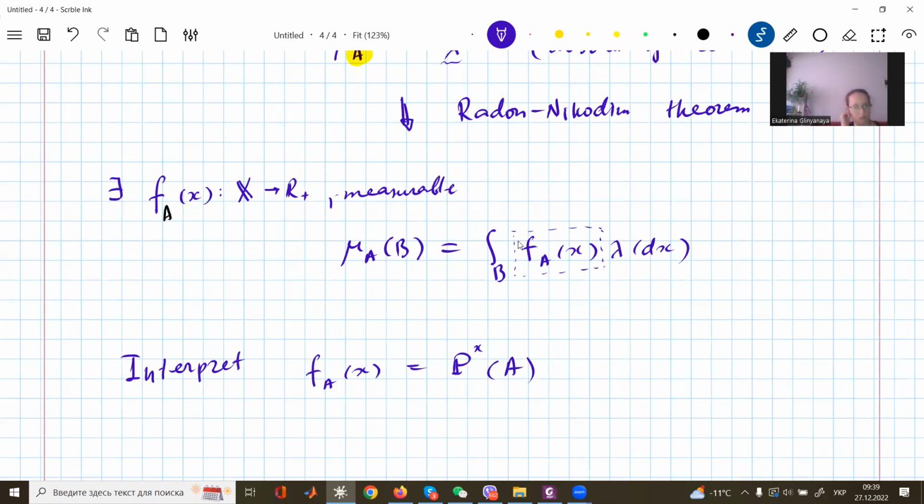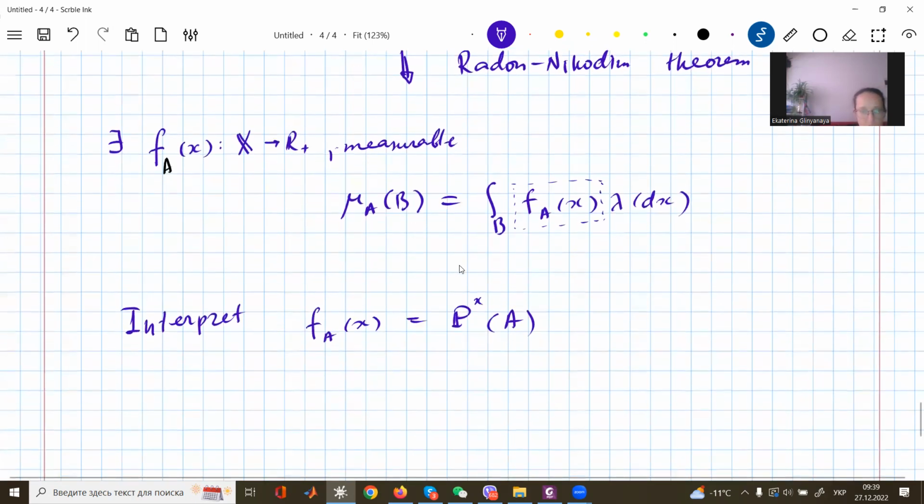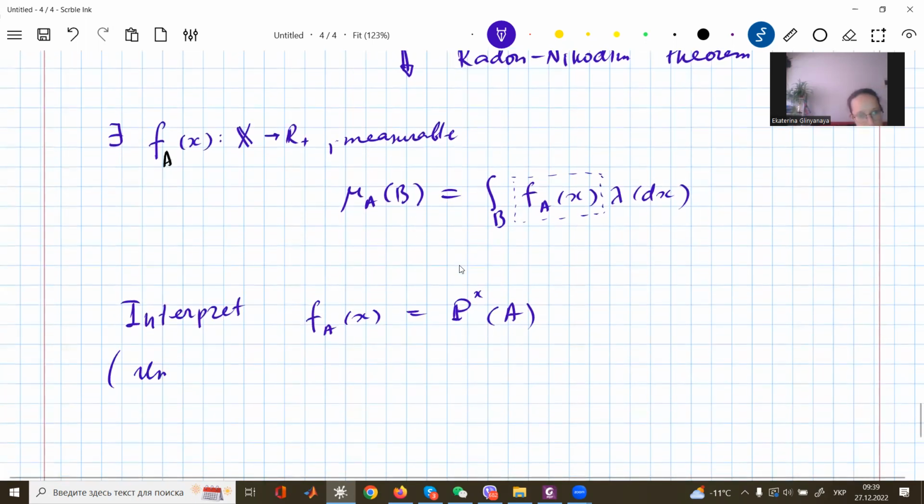Here we should say that under some conditions we can find a regular probability. So I will write under some conditions. They are satisfied for a simple case for us.